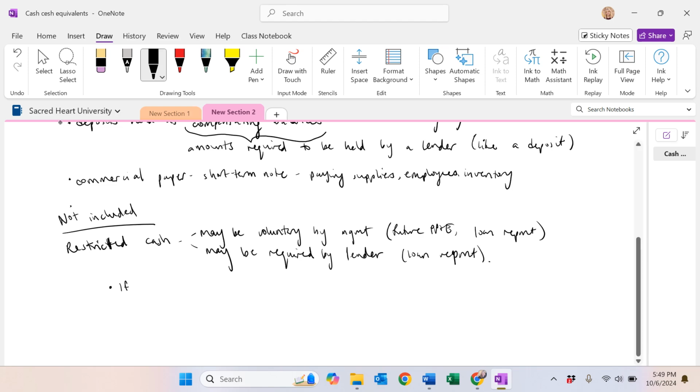So what is it restricted for? If the restriction relates to a current asset, let's say we're restricting it so that we can buy inventory, or a current liability, we need to pay this bill within the next year after the balance sheet date, then we record it as restricted cash in the current asset section, as you would expect.